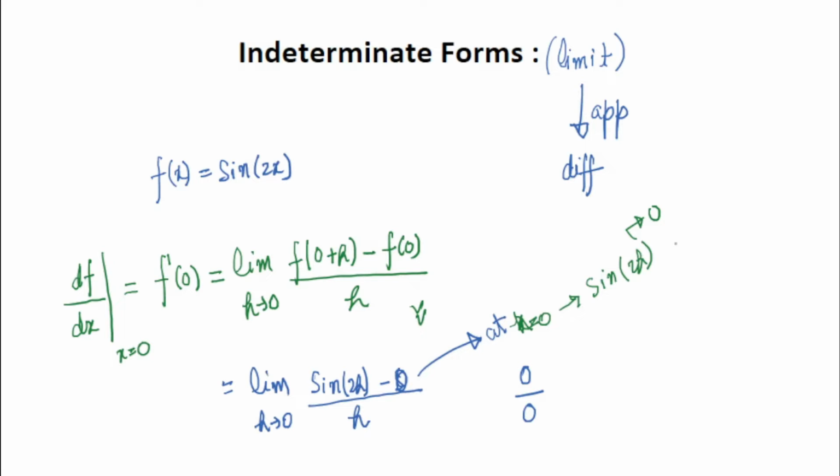The whole value is going to be 0, so this is sin 0, and this value goes to 0.